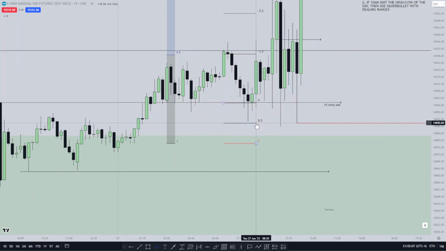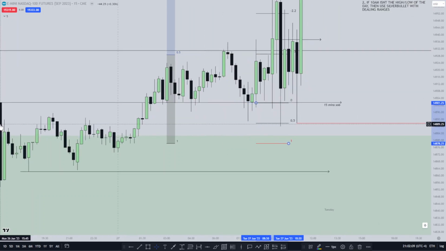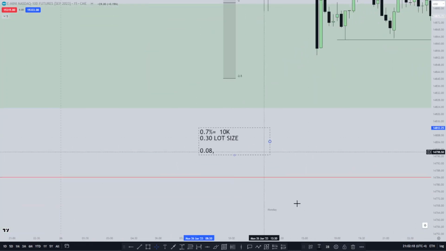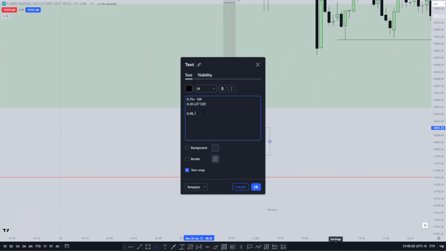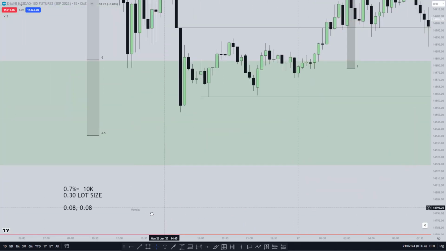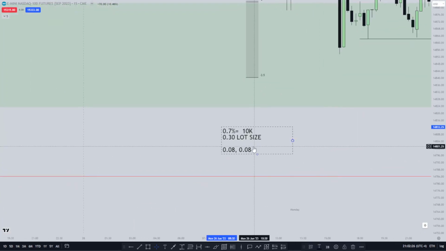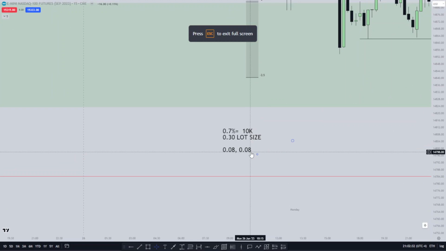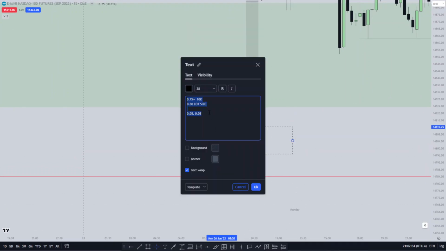And then averaging down will be when we're in drawdown, but we have a 50% here. So because of this 50% here, we get two. This is just imagining if we are risking this, that's why we use a position calculator. There's a calculator size I have over here. So that's why we have to be using our position calculator.